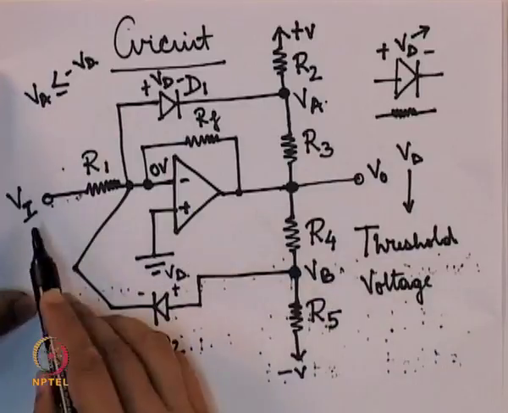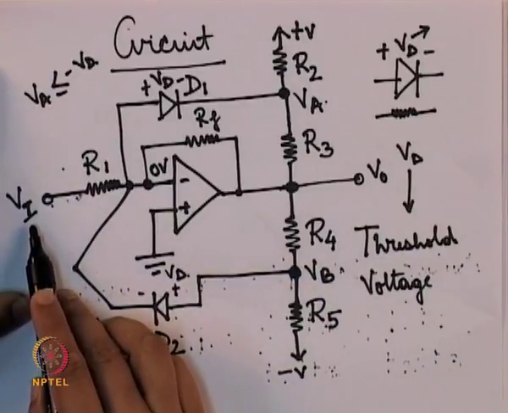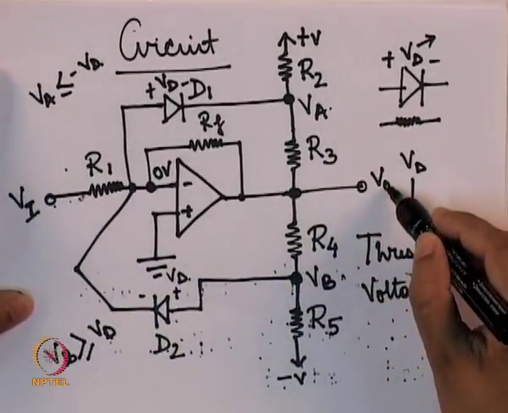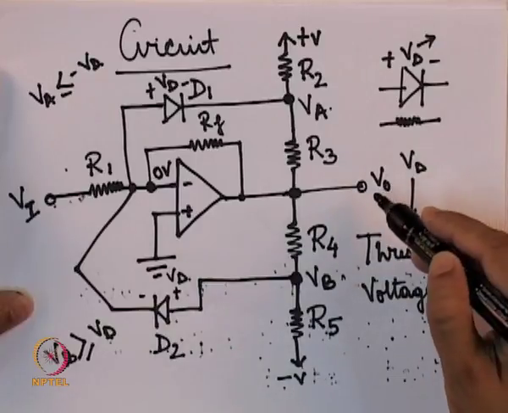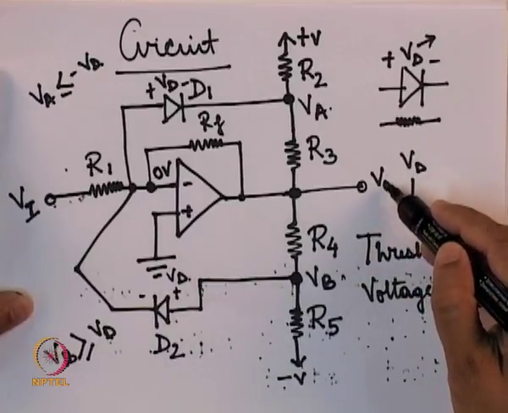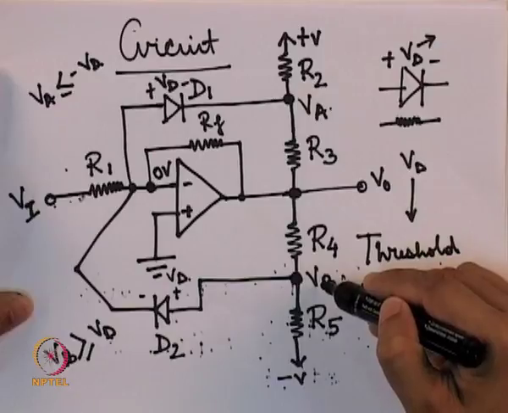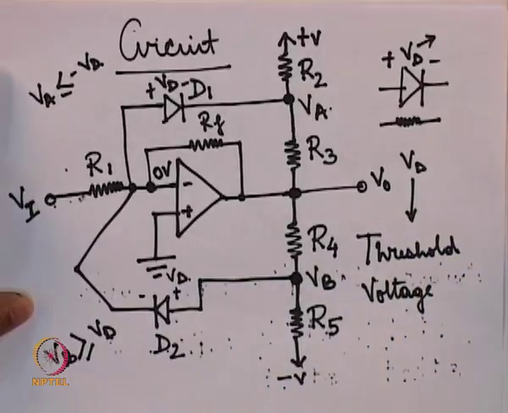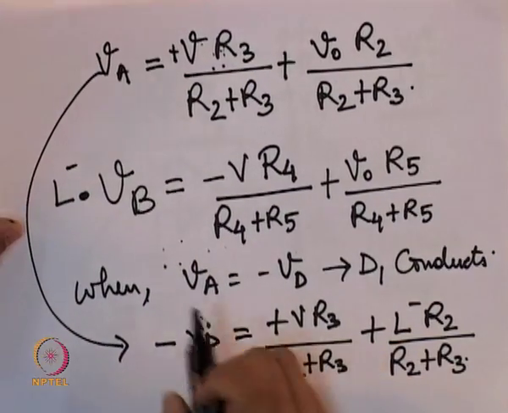So, for diode D2, what should be the condition? Let us once again go back to our circuit. When Vi goes on decreasing, then Vo goes on increasing, and as Vo goes on increasing, Vb also goes on increasing, and that is also verified from this equation, isn't it?